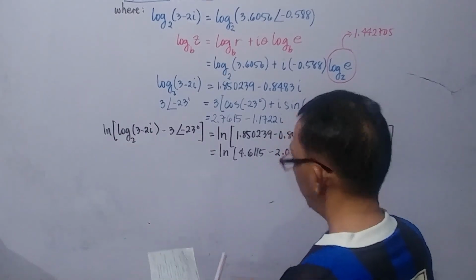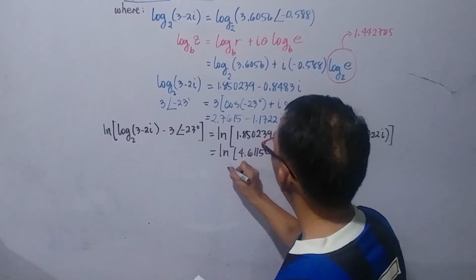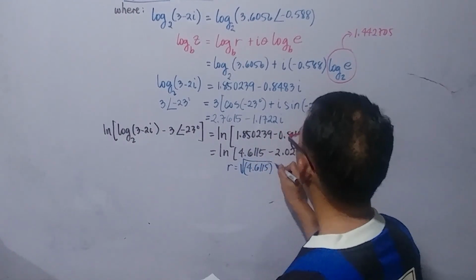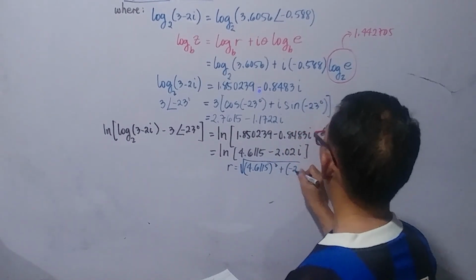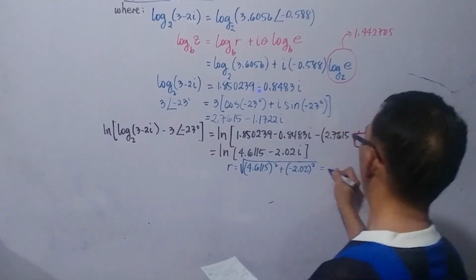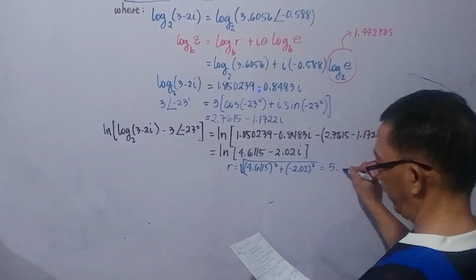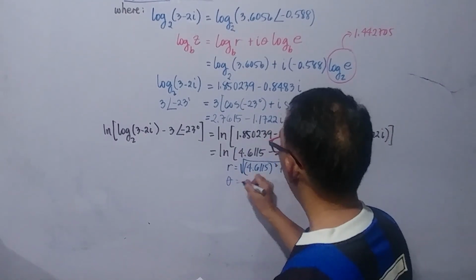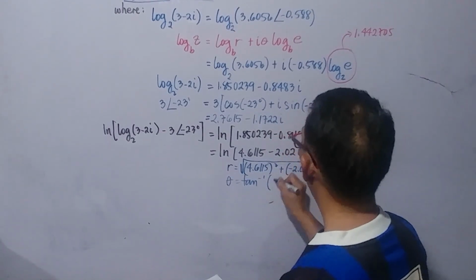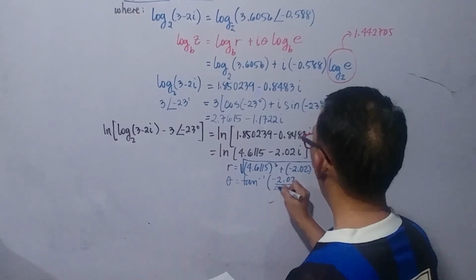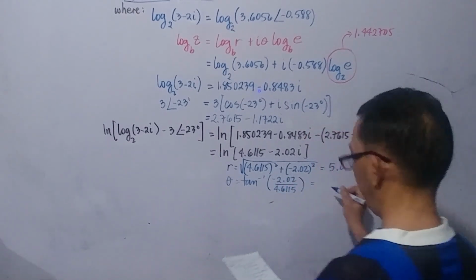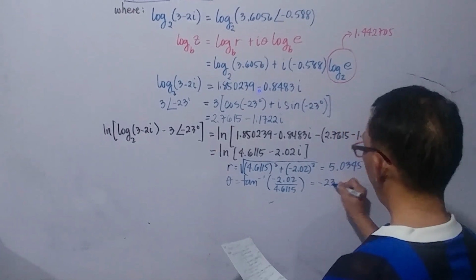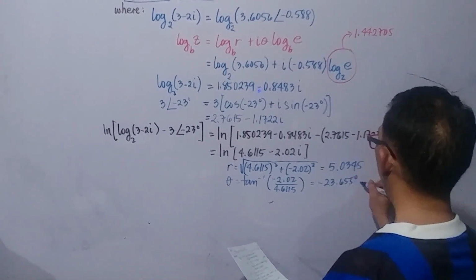Now here, your r now is the square root of 4.6115 square plus negative 2.02 square, or your r now here is 5.0345, and for your theta is the arctan of negative 2.02 over 4.6115, or it is equal to negative 23.655 degrees.